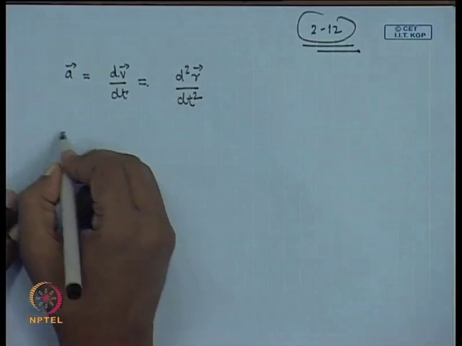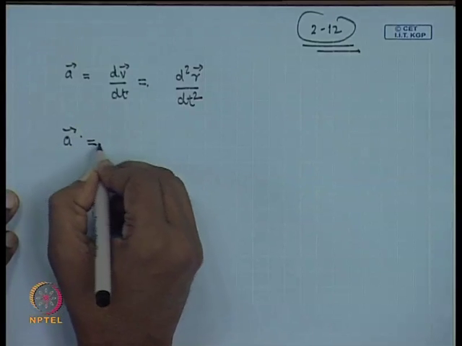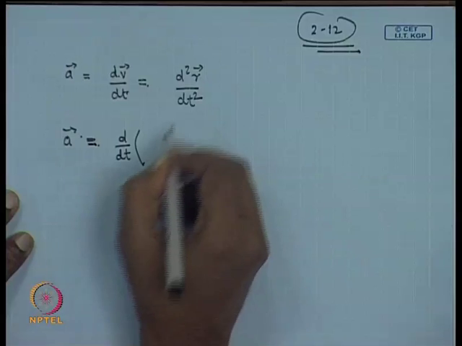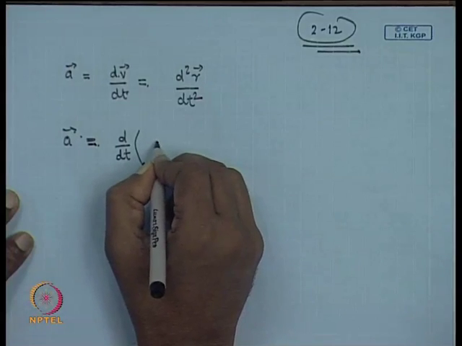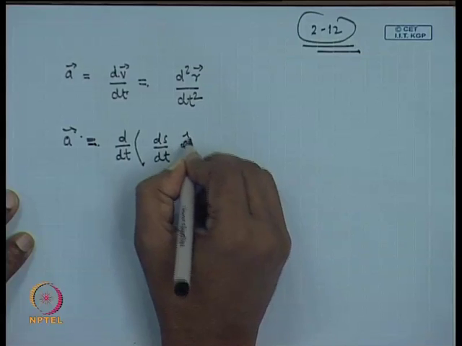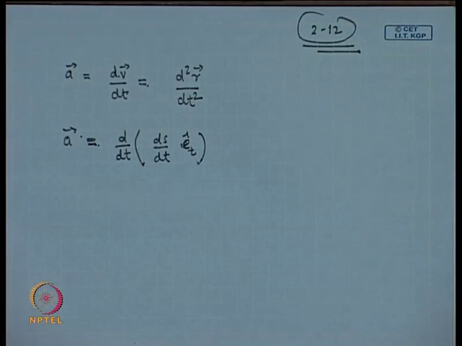Okay, now, A we can write as d by dt of v.